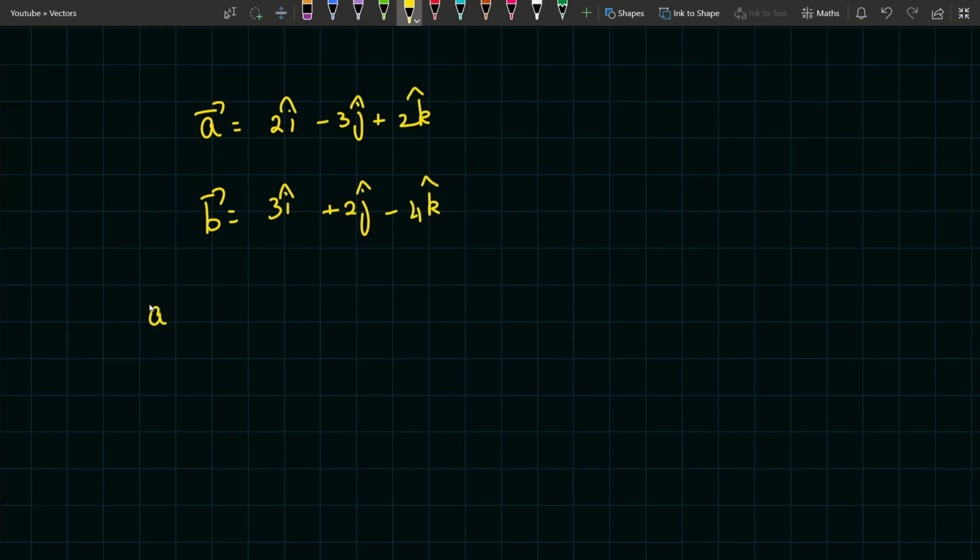Here I have to perform a vector dot b vector. So what is a vector? 2 i cap minus 3 j cap plus 2 k cap, dot 3 i cap plus 2 j cap minus 4 k cap.